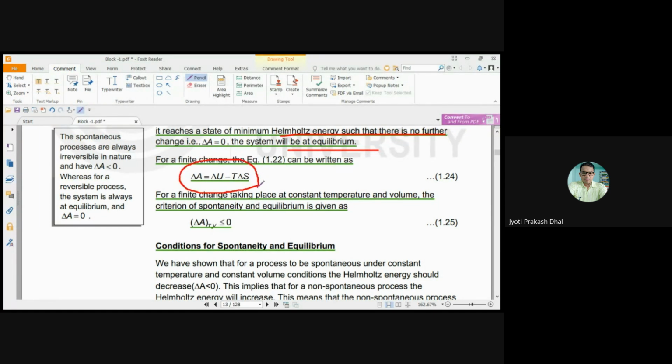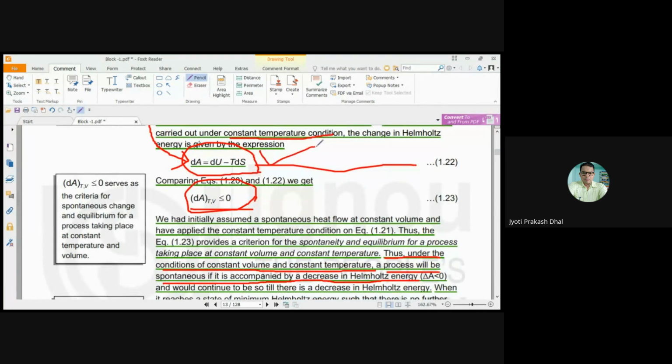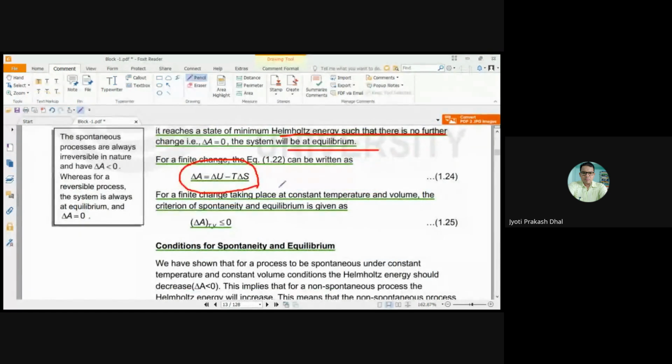del U minus T del S. Both the forms are the same. The first form is for a very small, infinitesimal change, and the second is for a finite change.